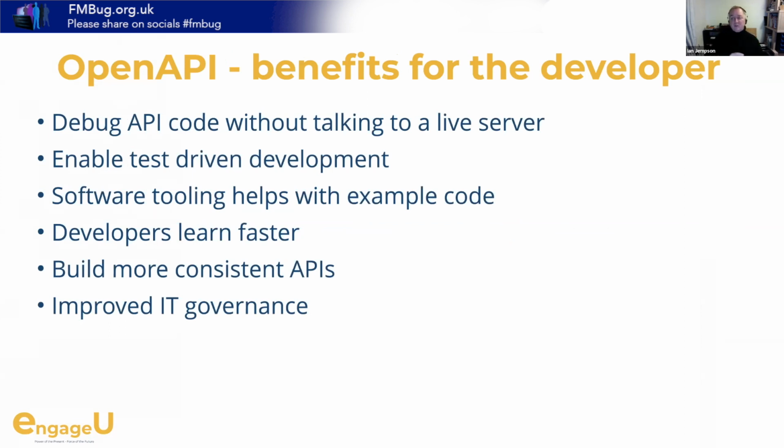It also allows you to apply test-driven development. And the software tooling can help with generating example code. Developers can learn an API more quickly, can build more consistent APIs, and you get improved governance from the point of view of the API providers.